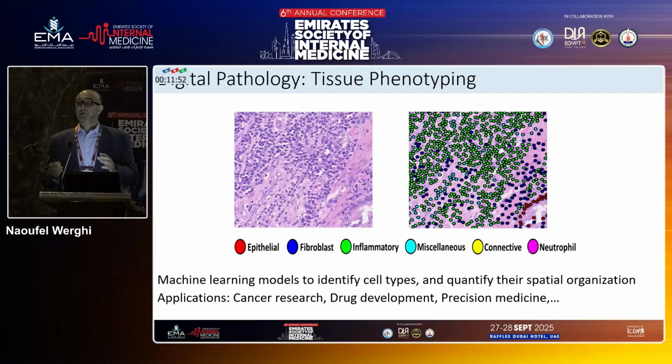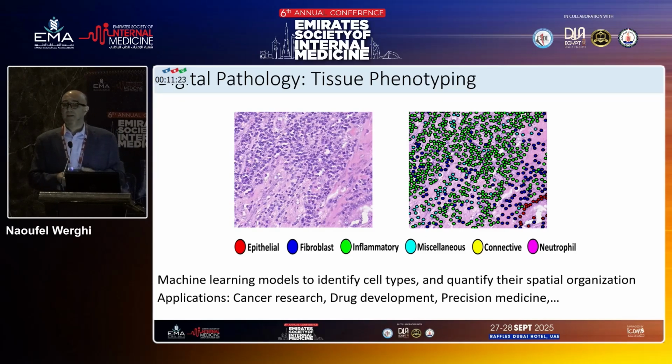Our application is the automated classification of the cells within that particular kind of image, the whole slide images. So we try to segregate this population of cells into different classes, depending on the context. For example, epithelial, fibroblast, neutrophil, etc. And this can have many applications for cancer research.